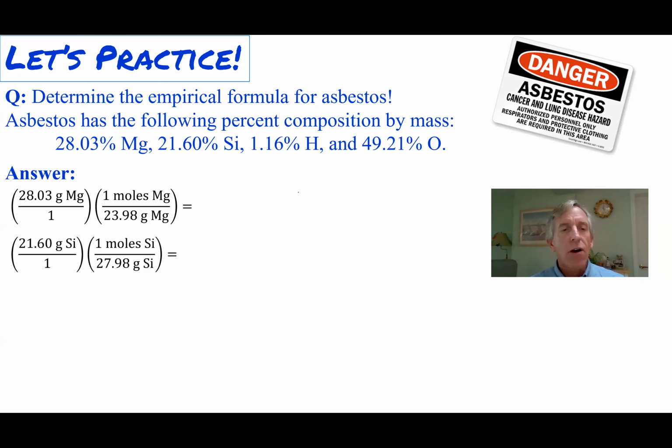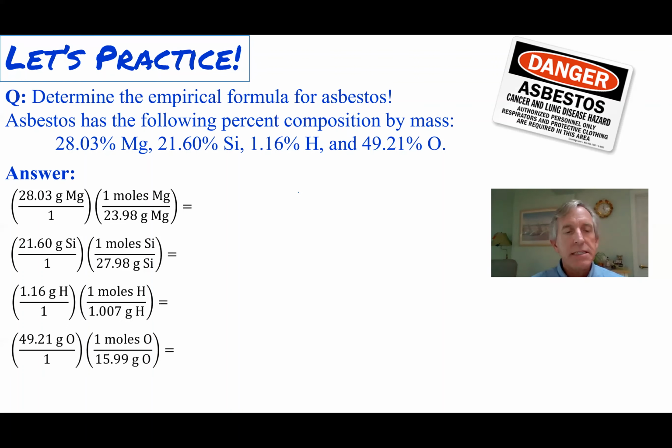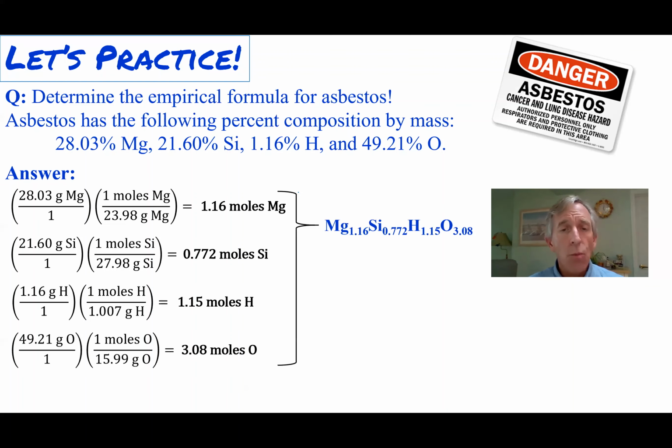And I can do that for all of the species that make up asbestos, and turn them all into grams. And now turn that gram ratio into a mole ratio. And once you have the mole ratio, throw it into a pseudo formula. Oh, that thing is ugly.